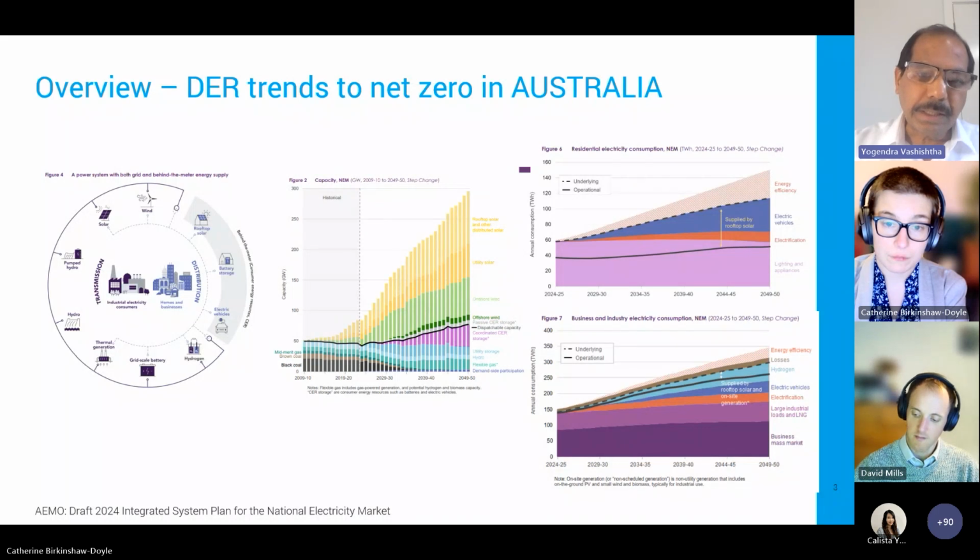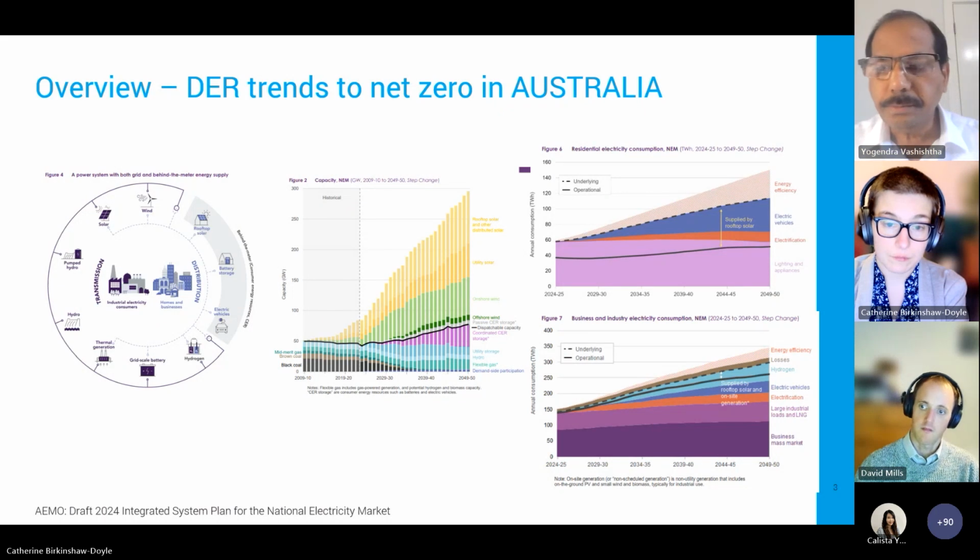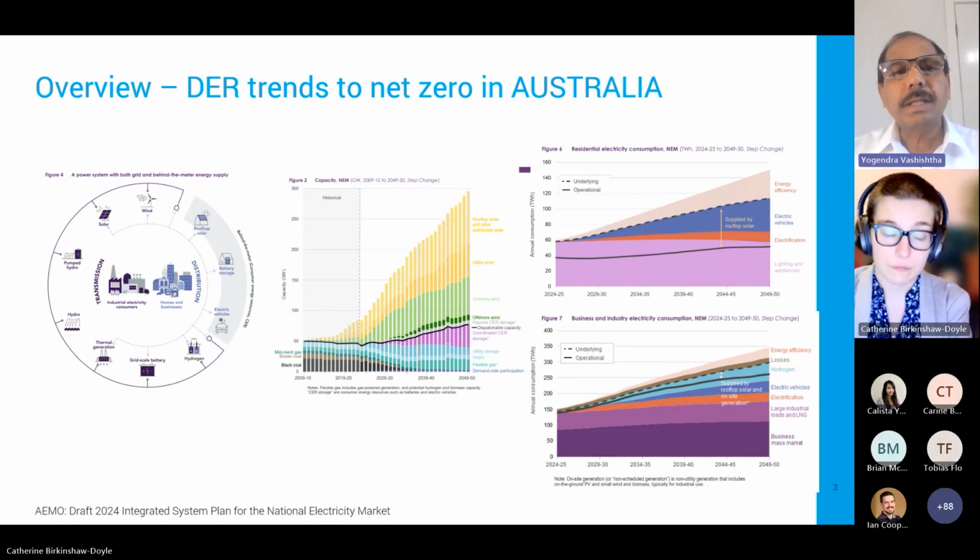But if you see the purple line there, it is the coordinated CER. That is the coordinated CER or DER, including the battery storage and electric vehicles going forward. So we are saying there's a big portion coming from managing the batteries and electric vehicles, because both of them can be a load, or both of them can be a source of generation, depending on the usage.